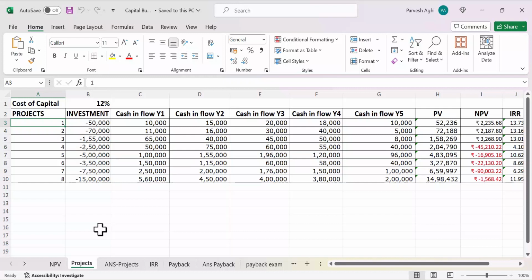These are various projects which we have, and how much investment we are going to make is given in column B. Then of course, when you start the project, you're going to get some money out of it. You start a project, then you start earning something after the project has been fully installed and put into use.